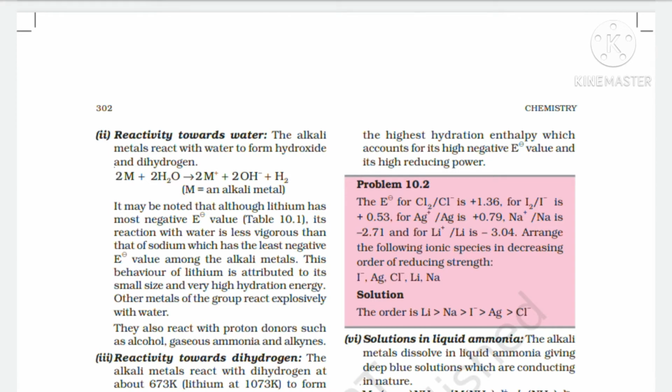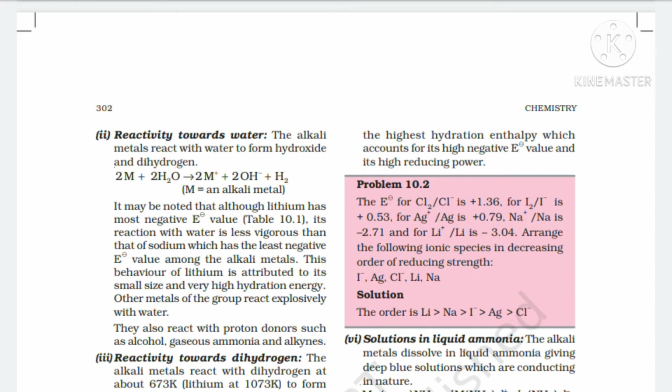It may be noted that although lithium has the most negative value, its reaction with water is less vigorous than that of sodium, which has a less negative value among the alkali metals. This behavior of lithium is attributed to its small size and very high hydration energy.